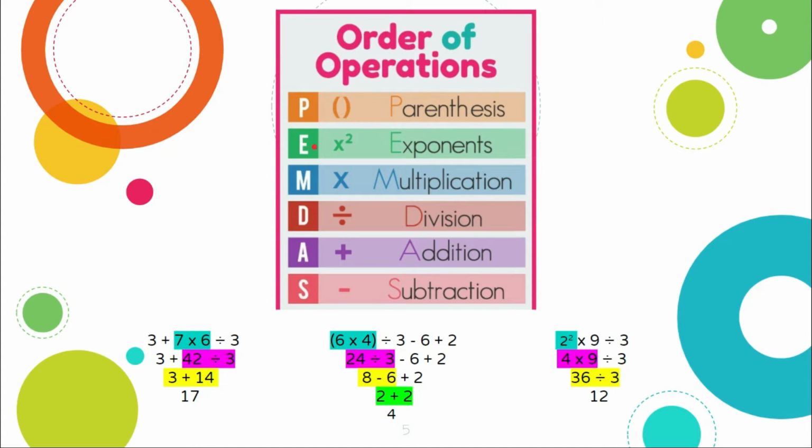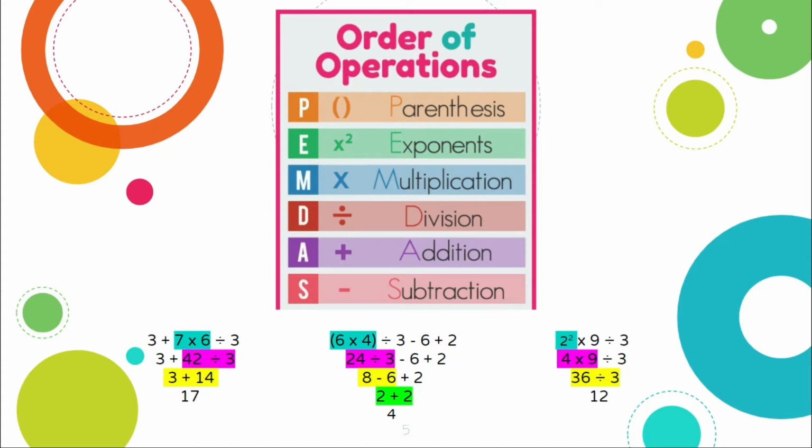Then the E in PEMDAS stands for exponent, meaning that after solving anything inside parentheses, we are going to solve the exponents. Next, we have M and D, which stand for multiplication and division.